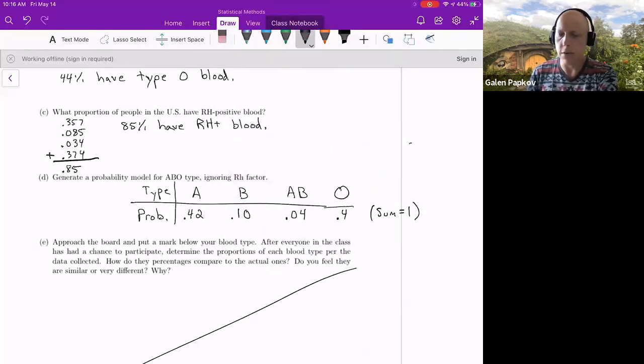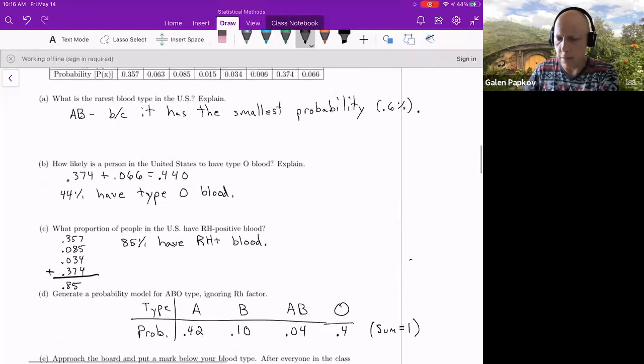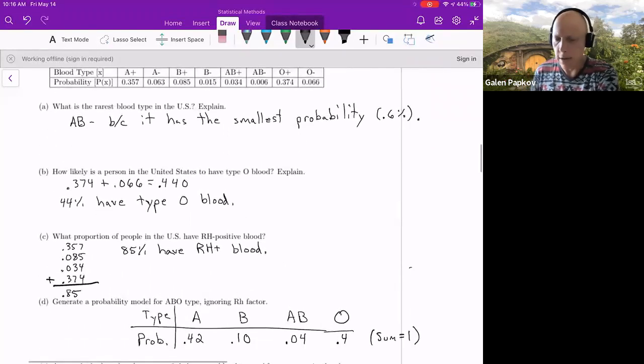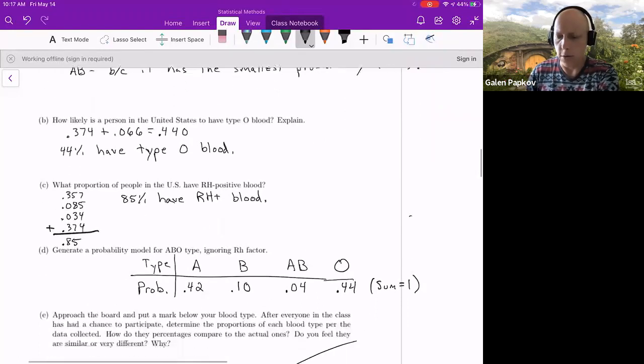Just filling in my O there. Then you could check 0.42, 0.1, 0.04, and 0.4, add them all up. Let me just make sure I didn't cancel anything out. So type O was 0.44. There we go. Now that adds to 1, or 100%.